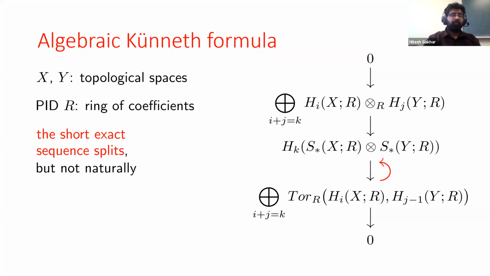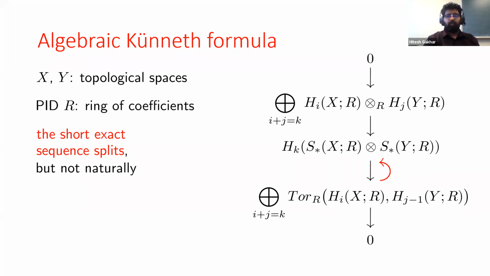We go from the algebraic Künneth formula to the topological Künneth formula by choosing topological spaces X and Y, and then the chain complexes are just the singular chain complexes of X and Y with coefficients in the PID R. So again the middle term is the homology of the tensor product of these singular chain complexes.